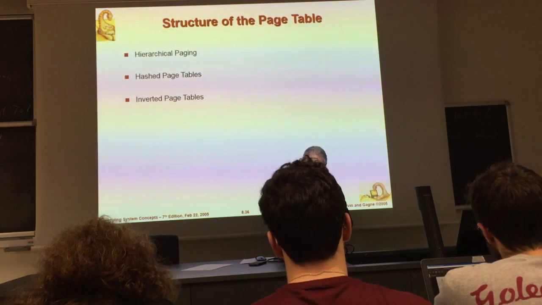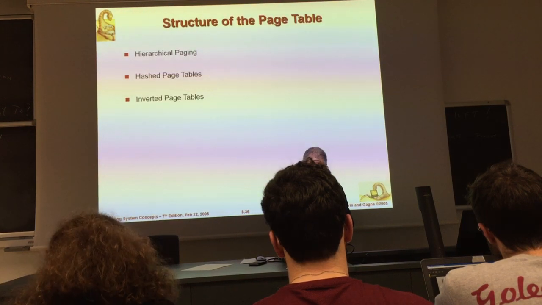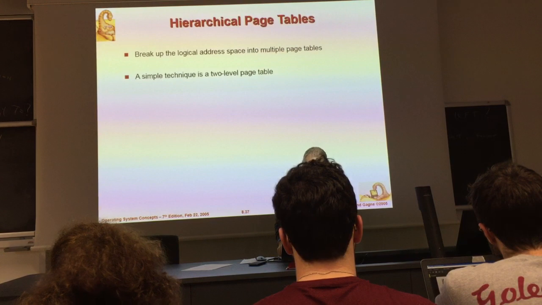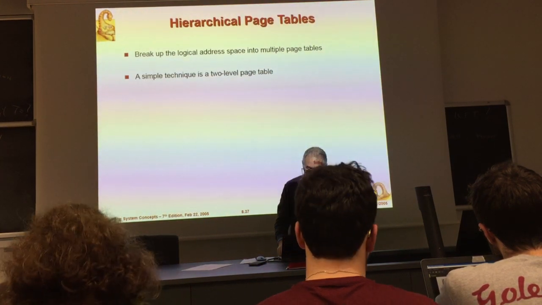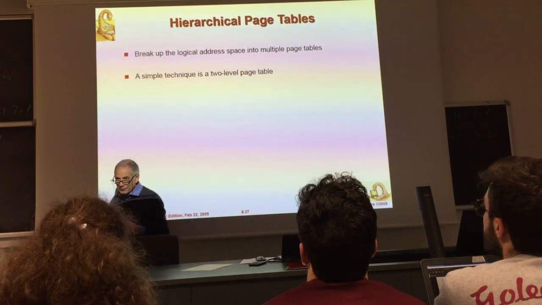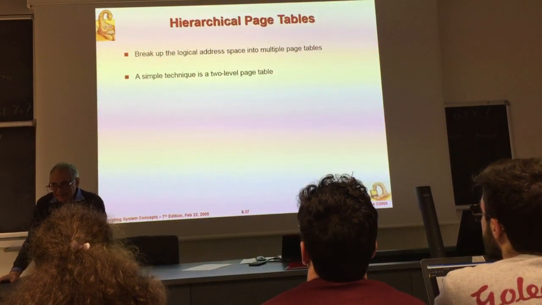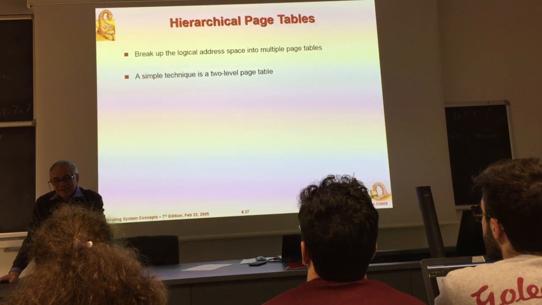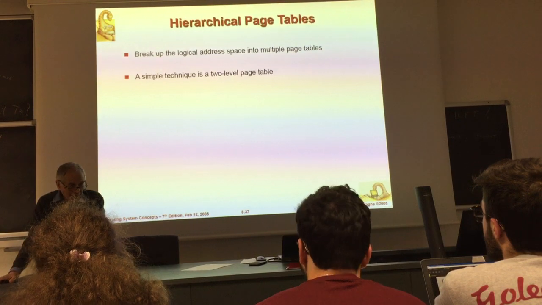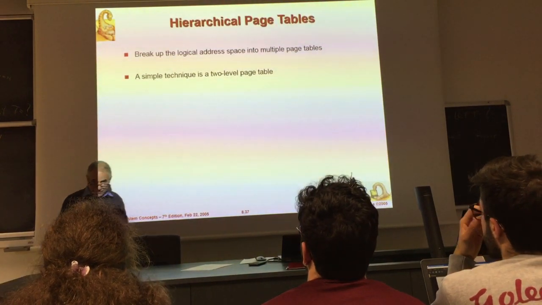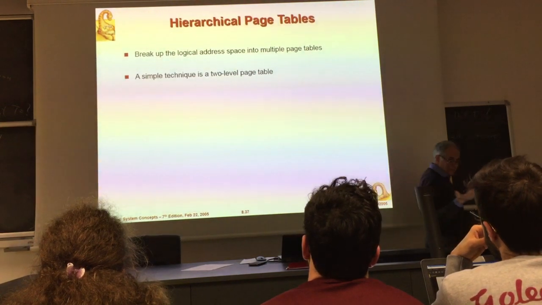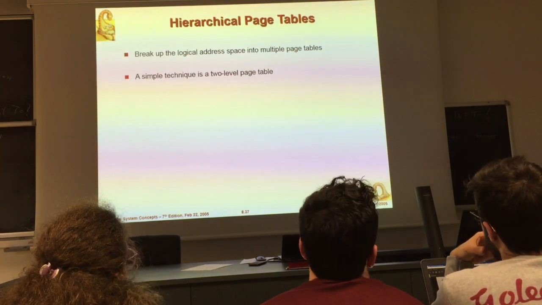Now, a step forward. Structure of the page table. Hierarchical page tables. How many pages do we have with, say, 1 kilobyte page size? It would be 22 bits, so 4 mega pages.